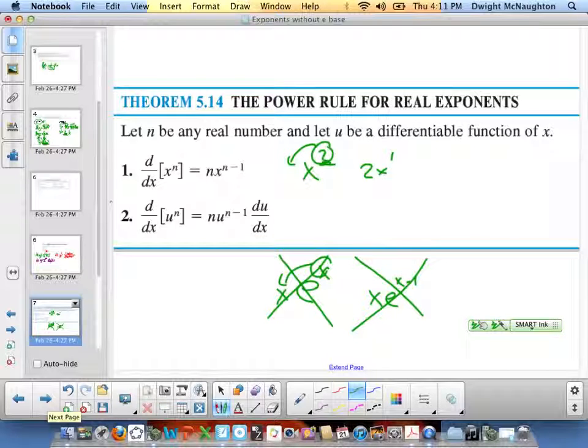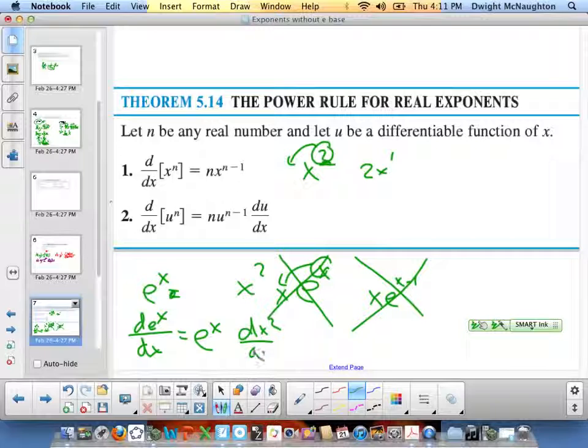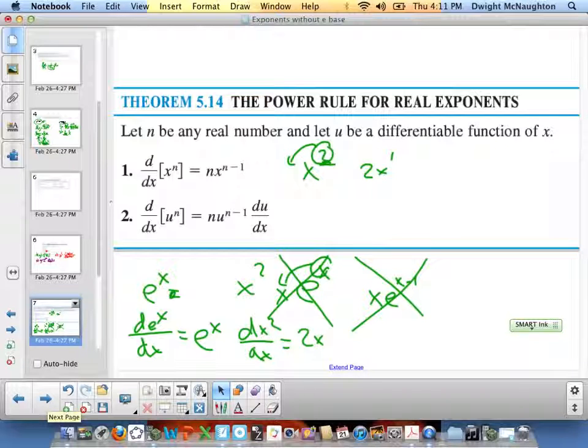When the power is a variable, you need to apply exponent rules. When the power is a constant, you apply your power rule.